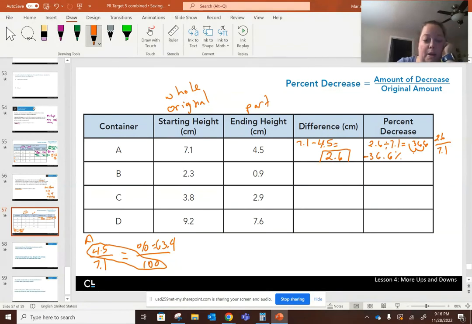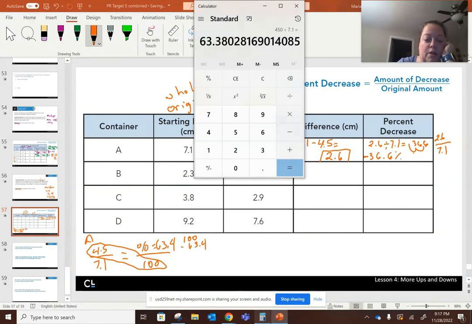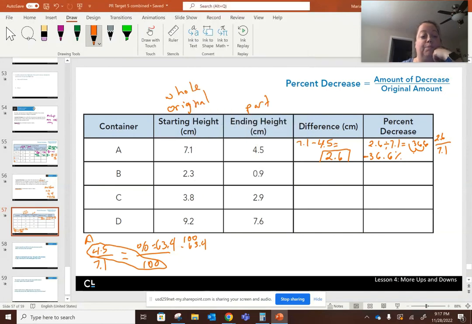So this is where I'm going to subtract 100 minus 63.4. Oh, that's what we have. So I have a decrease of 36.6. So it's kind of the same way that we did markdowns, where we subtracted last. So you can do that same thing.